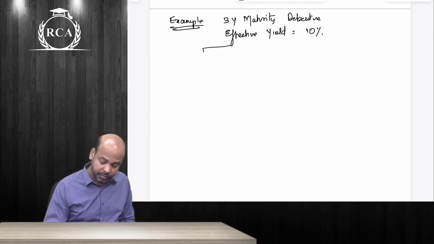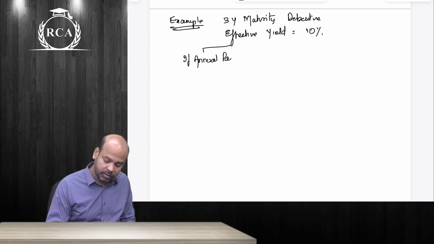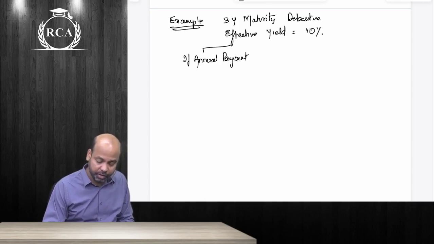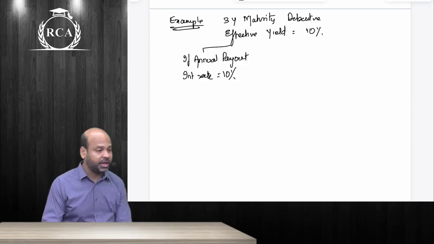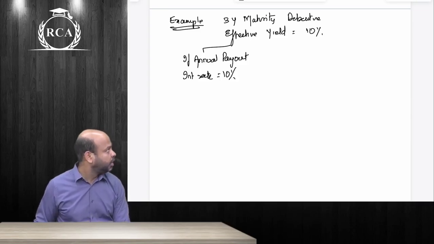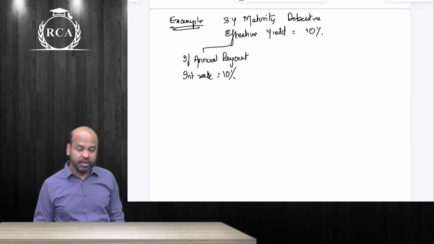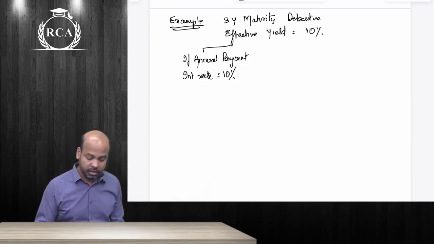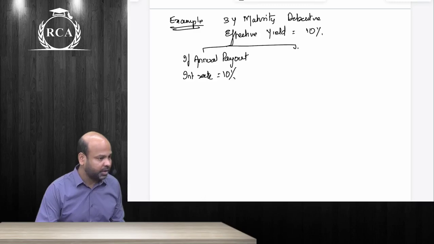Now, if there is an annual payout, what will they do, guys? They'll directly offer an interest rate of how much? 10%. There is no need to change any computation here. If the payout is on an annual basis, they will directly offer an interest rate of 10%.